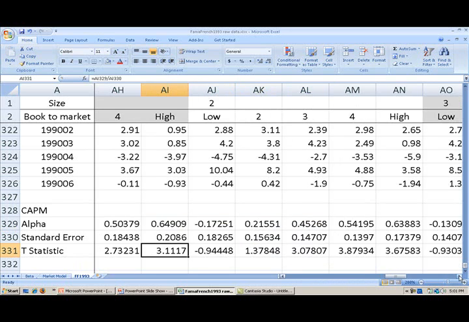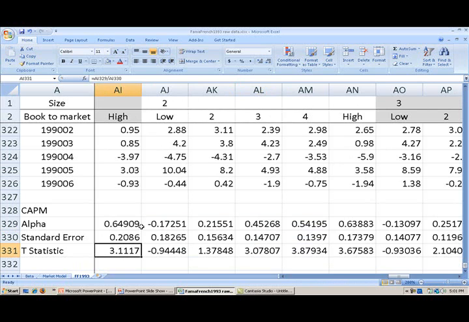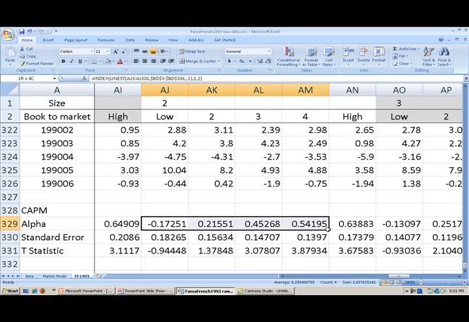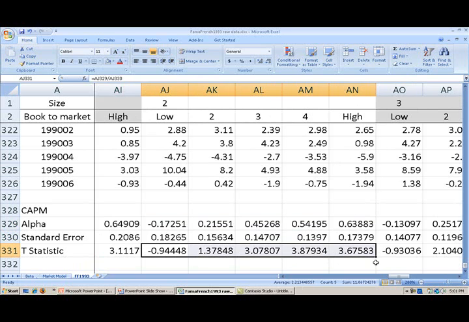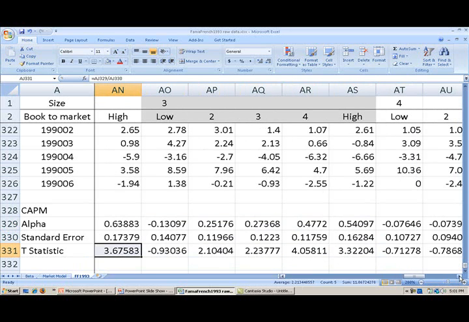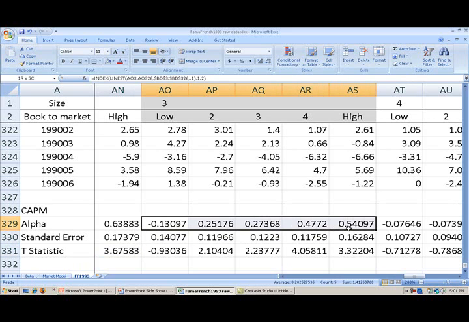If we look at the slightly larger firms, we see the same pattern. The alphas increase as we go to the high book-to-market firms, and so do the t-statistics. If we look at even larger firms, we see the same pattern repeated again.